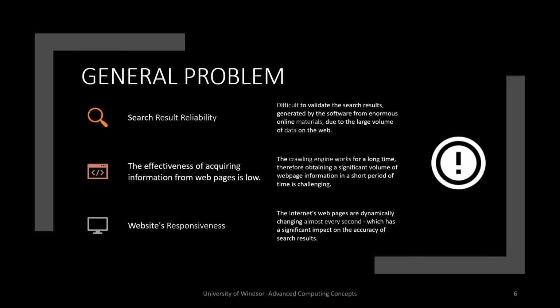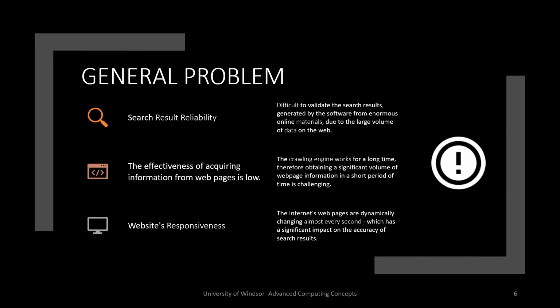General problems. There are some general problems with web search engines. The first one is reliability. Web search engines do not return 100% relevant data all the time. Search results are not always reliable because it is difficult to validate the search results from huge online data.